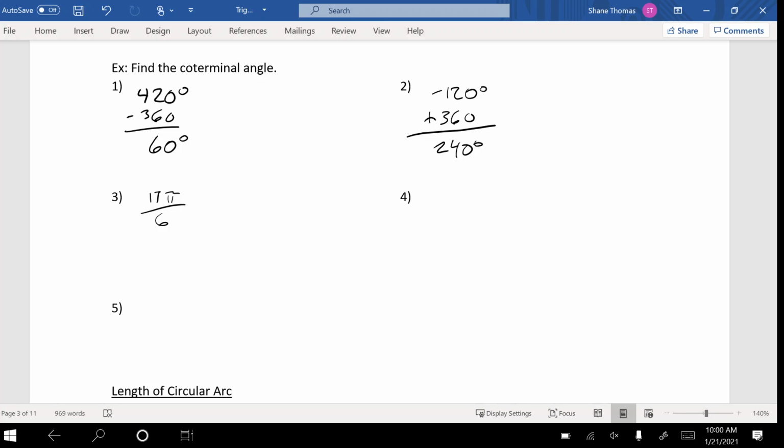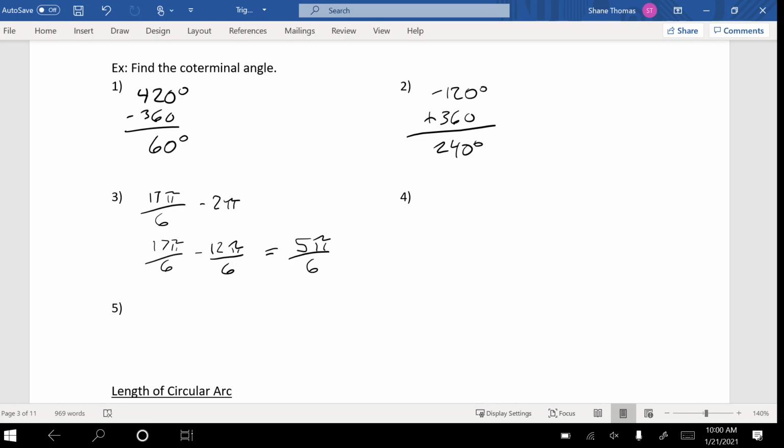When you're in radians, you want to subtract 2 pi. What do I need, though? Common denominators, right? In this case, I have 17 pi over 6, and my common denominator is going to be 6. So I'm going to make 2 pi into 12 pi over 6, and 17 pi over 6 minus 12 pi over 6 is what then? 5 pi over 6, correct.